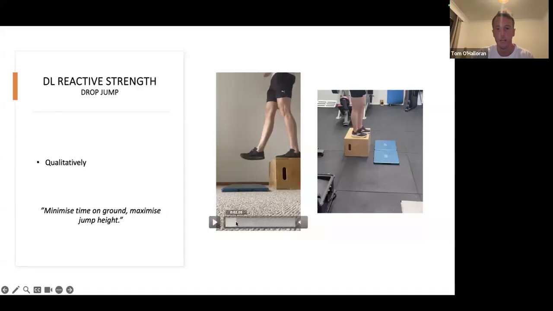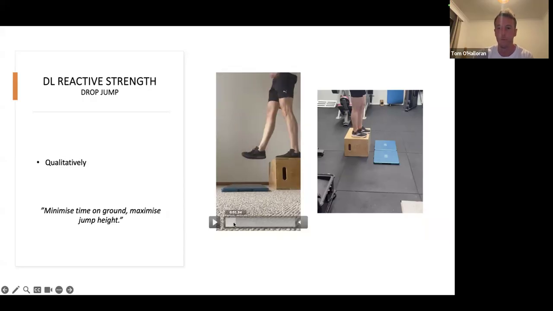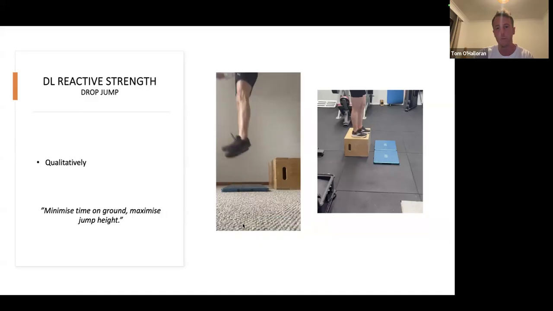So I'll do a step, hands-free, and then spring. From a movement quality point of view, I'm trying to see, do the heels hit? How much knee flexion do they go into, or hip flexion? And then just eyeballing height.